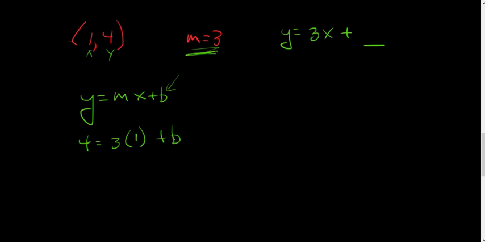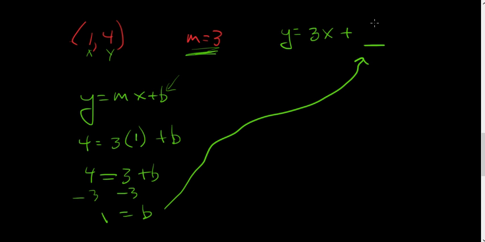I don't know what b is, but that's the only variable here, so I can solve for b. So 3 times 1 is 3 plus b. 4 equals 3 plus b. Subtract 3 from both sides, you get 1 equals b. Lo and behold, now I know what the equation of the line is. B equals 1. So the answer is y equals 3x plus 1.